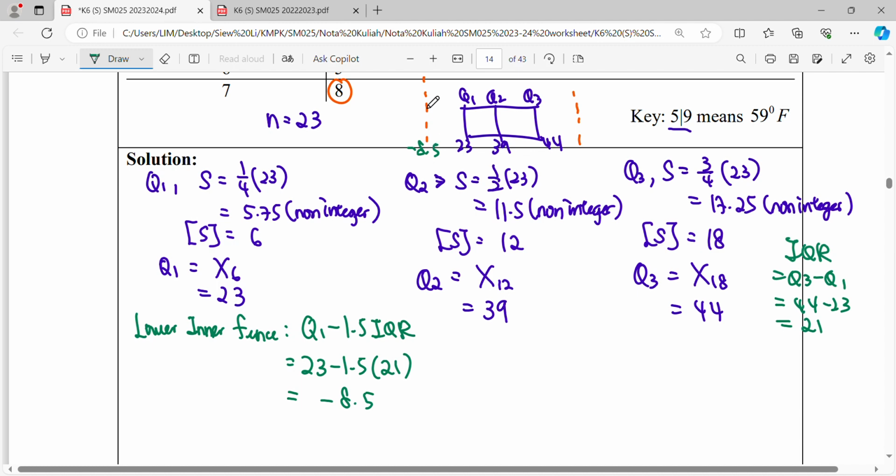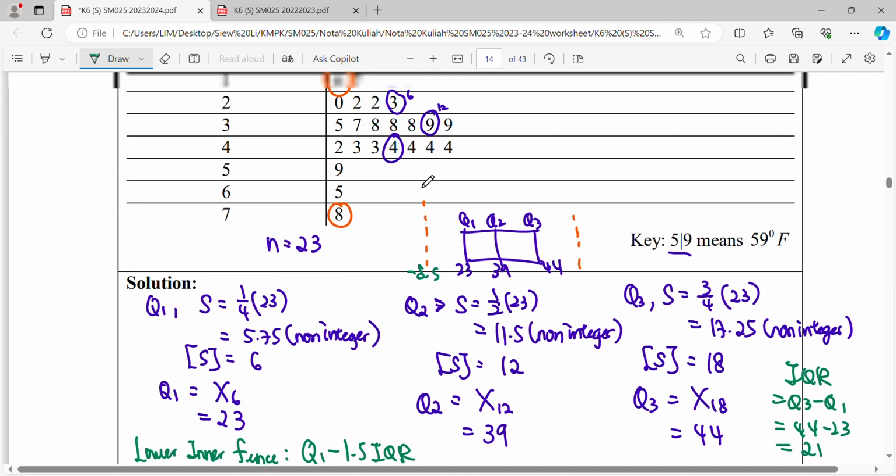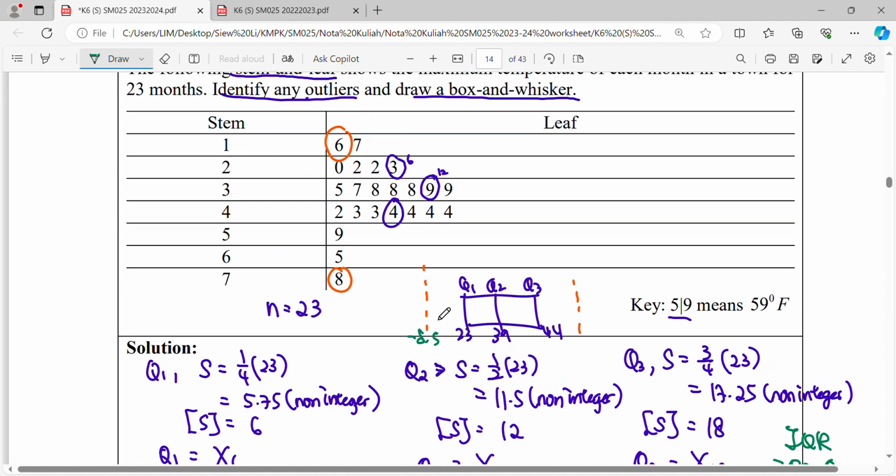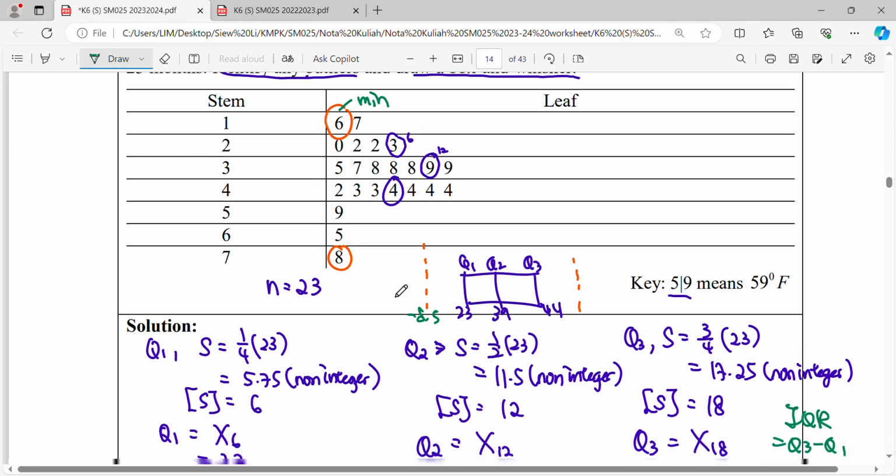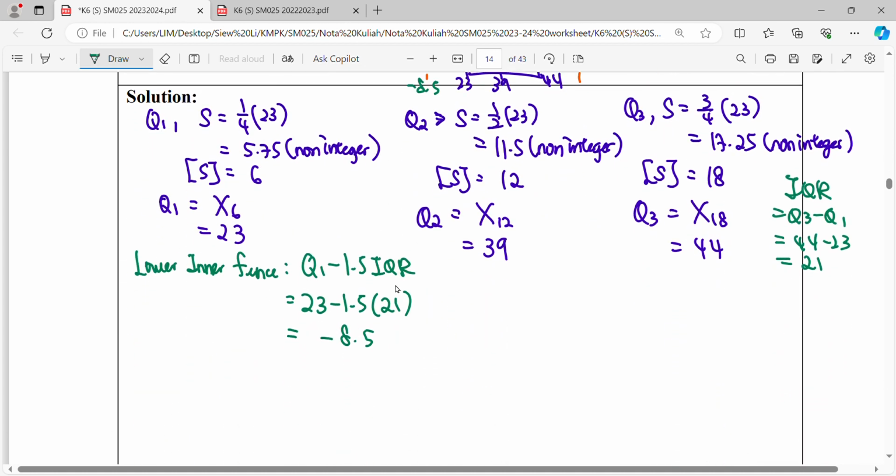What's your minimum data value just now? The minimum data is 16. Is this 16 lower than negative 8.5? No. So this 16 is the minimum. We don't have outliers on the left hand side. Therefore the minimum data falls at 16.